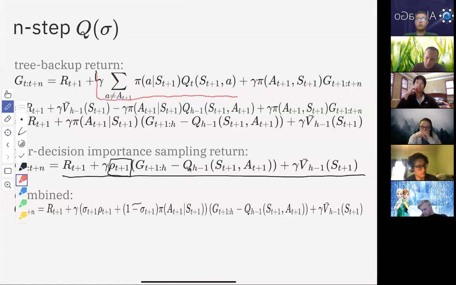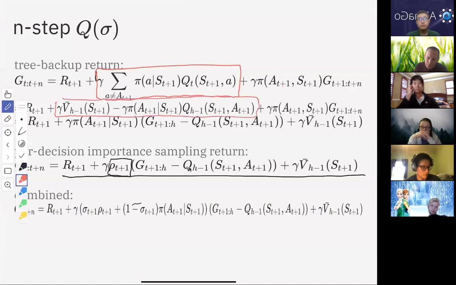This piece here as the V bar, right, which is just this summation of all actions, and then we take out the action that we actually did choose. So we have a summation over A not equal to A_{t+1} of some value.